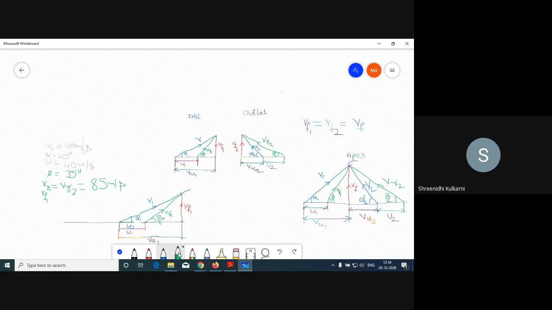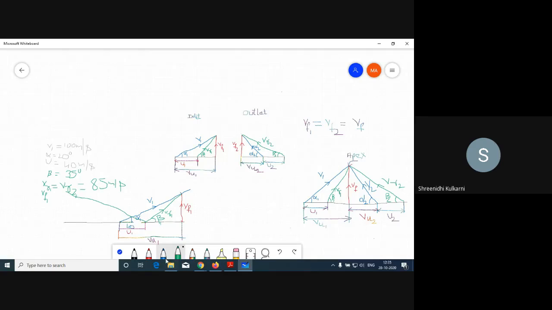So I will draw from here. I will measure 35 degrees, so it will come somewhere here, right? And next I will measure 85 meters per second, so you will get somewhere here.